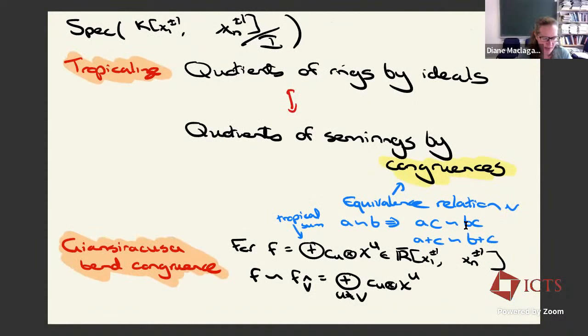Okay. The next step we have to change slightly, but this is something that has been maybe well understood by people working in semi-rings for a long time. The first question you ask yourself is, why do we think about ideals in basic commutative algebra in the first place? Okay. We think about ideals because they are the kernel of homomorphisms.